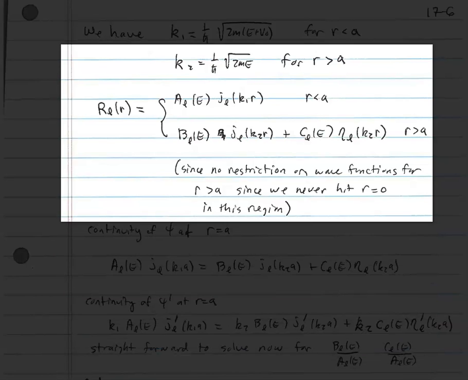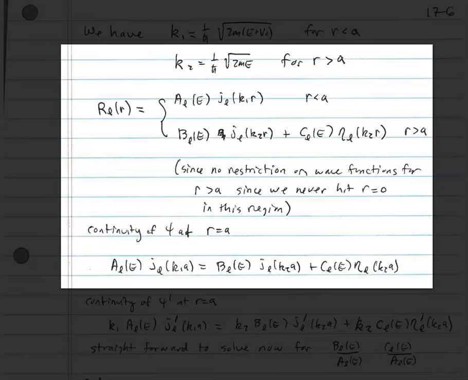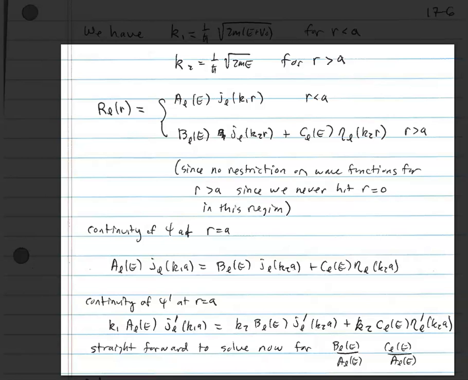All right, and then what we have to do is we have to match. We have to make the psi continuous and the derivative of psi continuous. So we get A_L of E, j_L of k1 a is equal to B_L of E, j_L of k2 a, plus C_L of E, eta_L of k2 a. I said r before, I meant k1 a. And then continuity of the derivative will bring in a k1 times a j_L prime, a k2 times a j_L prime, and a k2 times an eta_L prime.